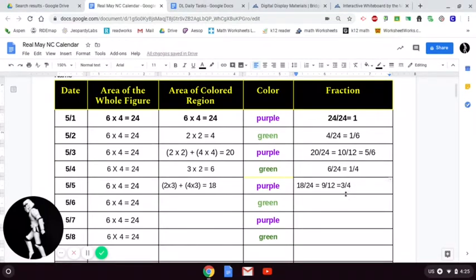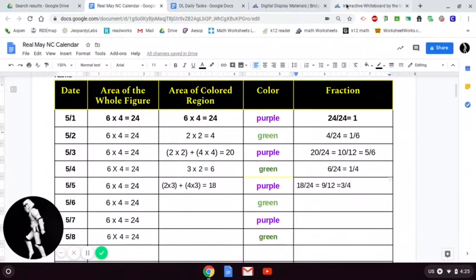Now, I know I cannot simplify this fraction any further because 3 and 4 do not have a common factor, with the exception of the number 1. 1 is a common factor for every number. Every number can be divided by 1, but if I divide 3 by 1, I end up with 3, and if I divide 4 by 1, I end up with 4. That is 3/4. So 18/24 is equivalent to 9/12, which is equivalent to 3/4.